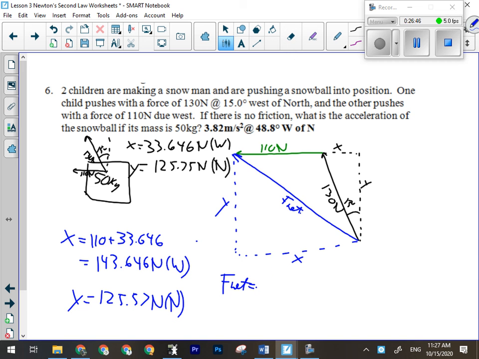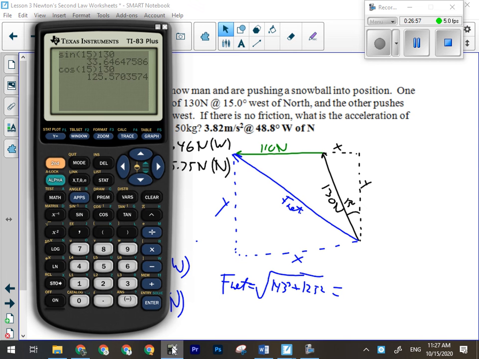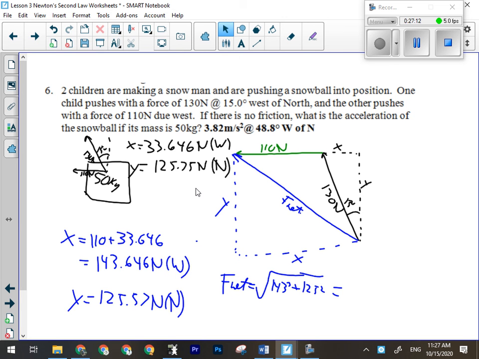So F net will be the square root of 143 squared plus 125 squared, obviously with all the decimals. So my net force is 190.79 newtons.